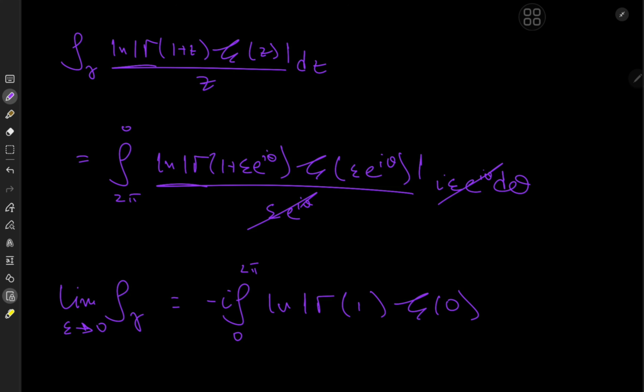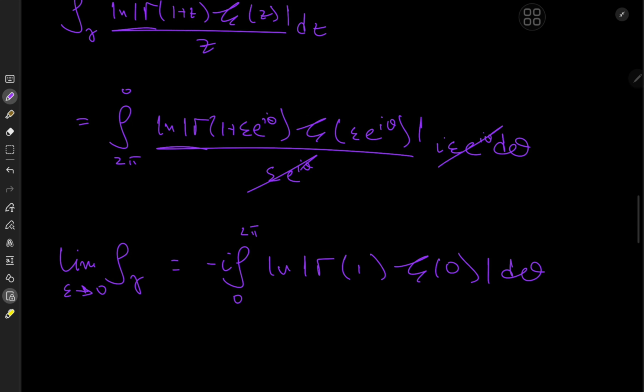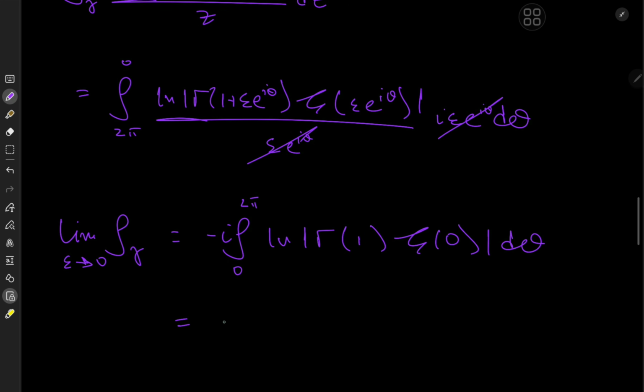And then we have zeta of 0, d theta. So the integrand is now just a constant, and that means we have negative i times this constant. Now, gamma 1 is just 0 factorial, which is 1. And zeta 0 is negative 1/2. So we have the log of absolute value negative 1/2. And the integral just sorts out to 2 pi.